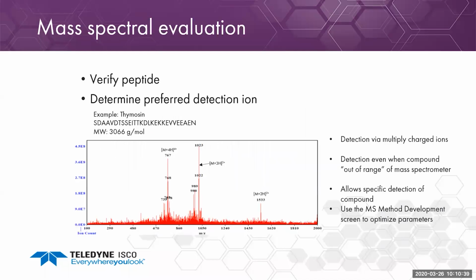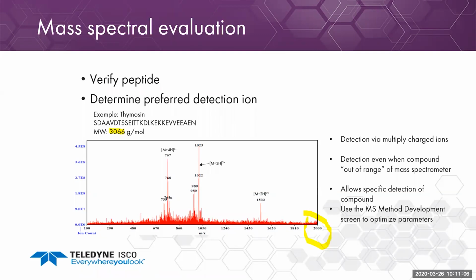So the first thing you would want to do is verify that your peptide is there and determine the preferred detection ion. Our example here is thymosin, which has a mass of 3,066 grams per mole. My mass spectrometer only goes up to 2,000 Daltons, but I can detect the peptide with multiply charged ions.